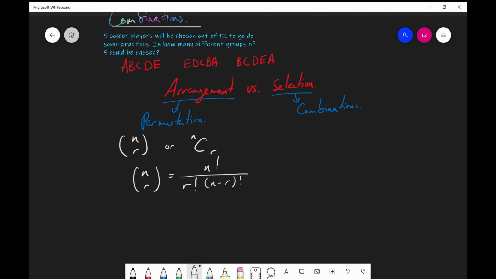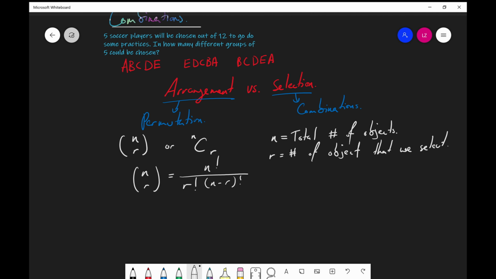Like I said in my last video, factorial is just this number multiplied by one smaller than that number, multiplied by one smaller than that, until you get to 3 times 2 times 1. Now, N is the total number of objects, and R is the number of objects that we select.